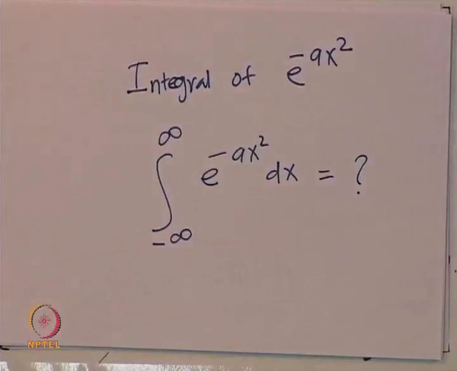How do we do this? It's easy to do in a special way. The answer is used very much in many cases in probability and so forth. So, let us do this carefully and learn how to do this.